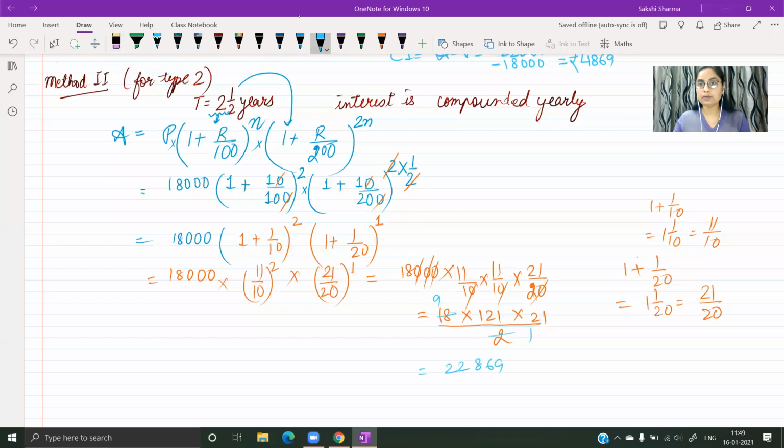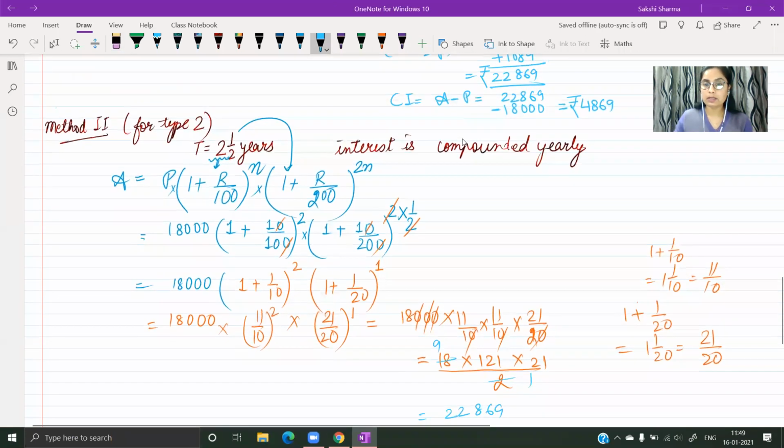So you get your answer in one single step. And if you look at the answer from the first method, you get the same amount, 22,869 rupees.